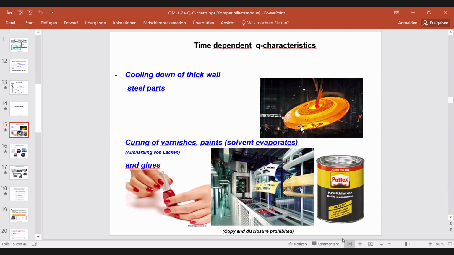So the time from production to the end quality characteristic can be hours or even more than a day.